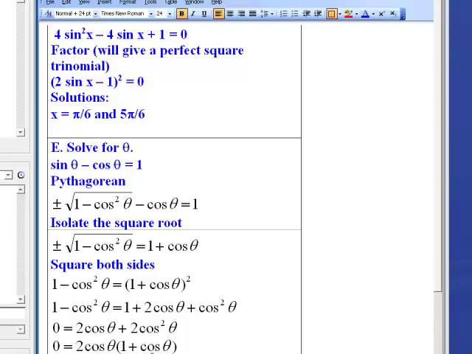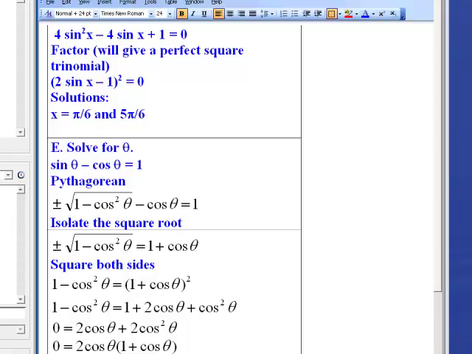So pi over 2 and 3 pi over 2. And the other solution is cosine of theta equals -1, so 180 degrees, or simply pi. And so we're done at this point.